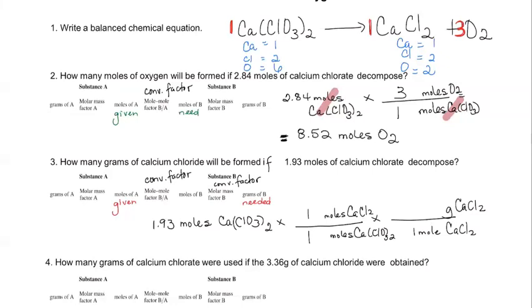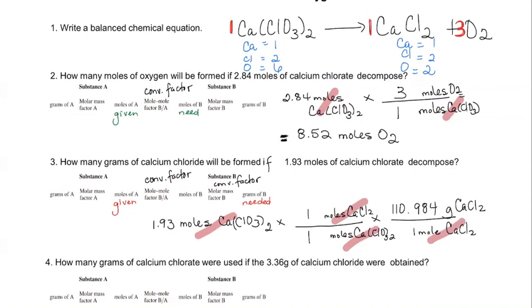Excellent. So I got to run that. It's 110.0, not 0. 110.984 grams. That's what I got. Okay. So when I look at my unit cancellation, moles, moles, moles, moles, they all cancel each other.